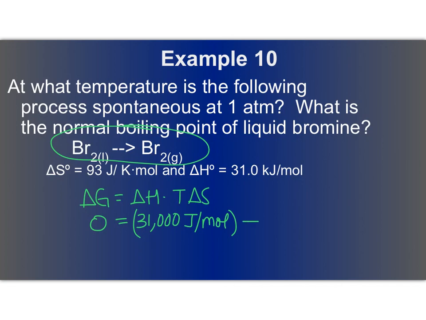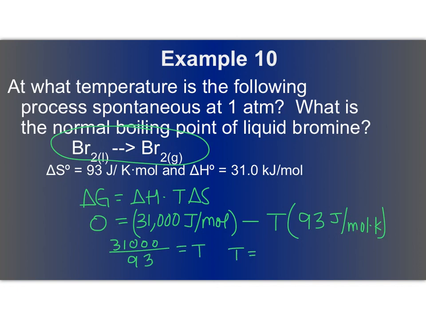And then I'm going to subtract the temperature and the entropy value of 93 joules per mole Kelvin. So when I take 31,000 and I divide that by 93, I will get a temperature of 333 Kelvin at equilibrium.